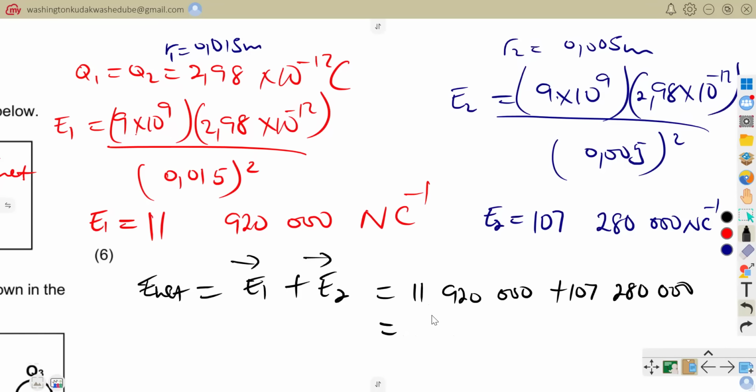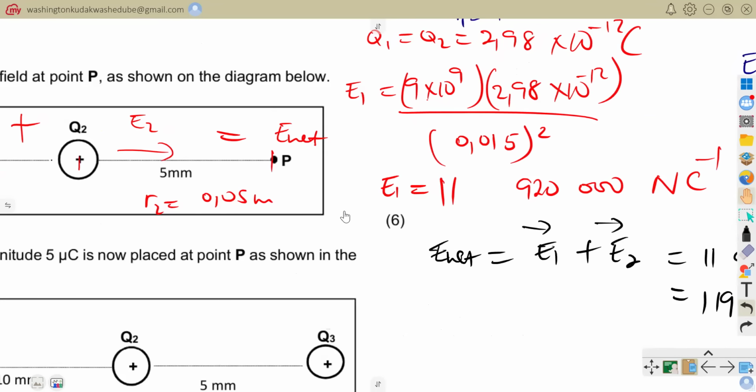And then the total would be equal to 119,200,000 Newton per coulomb. That becomes the net electric field that is acting on the what? On the point charge P.